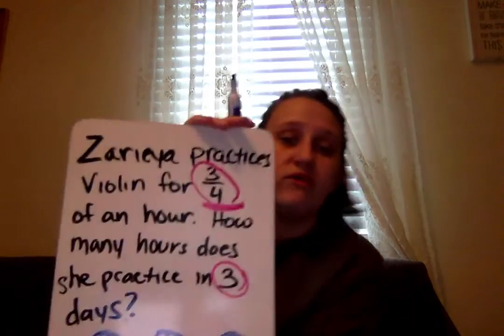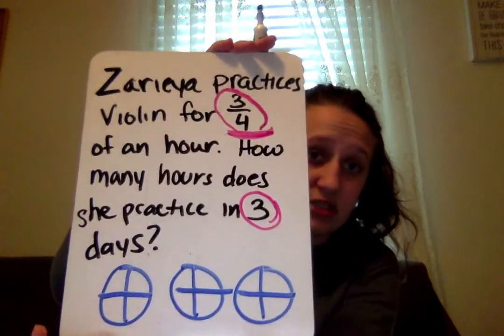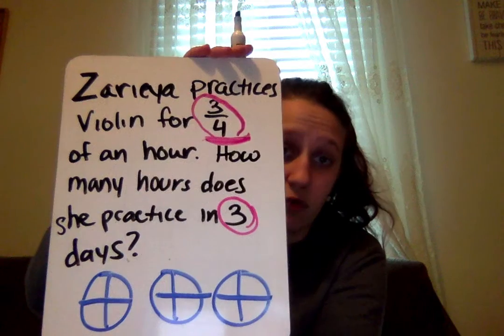Now, just like I had said, we're doing this in groups. So what you would think of this as is make 3 circles, cut them into fourths, because the bottom number tells us 3/4 is going to be cut into 4s.